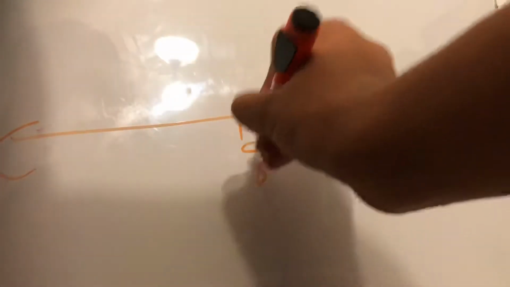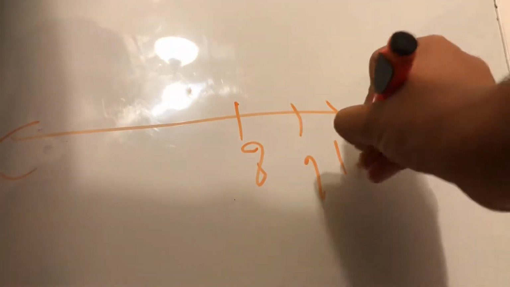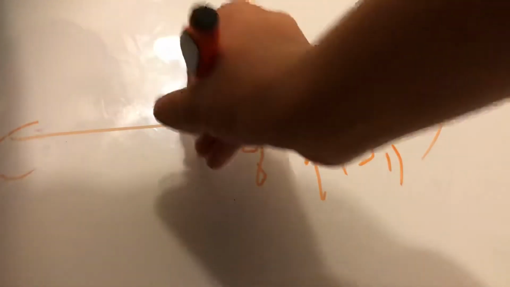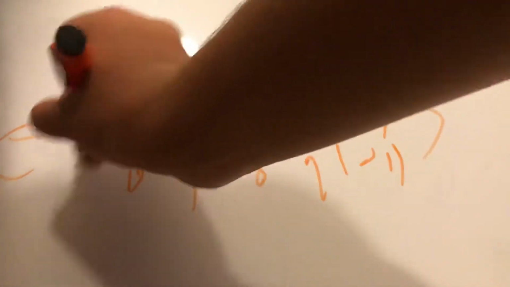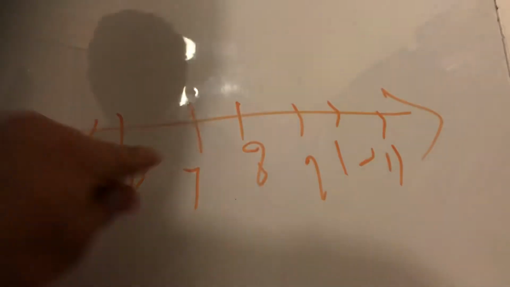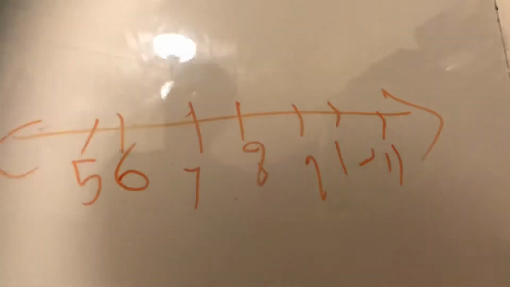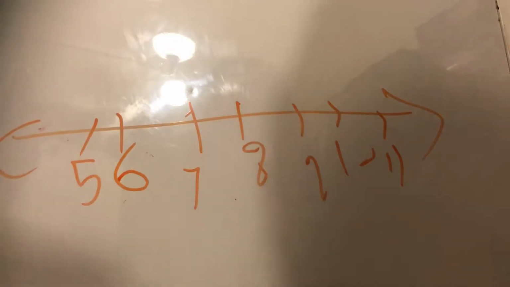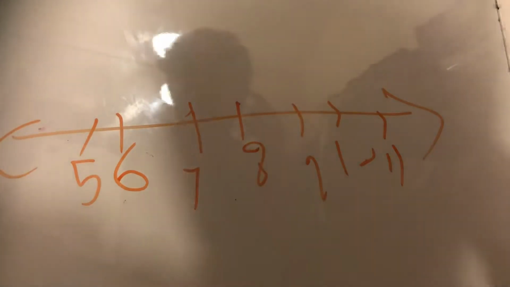Our number was 8. I'm gonna say 9, 10, 11, 7, 6, 5. This one is 6. I gotta rewrite it. 6. So our answer that we find is 8.